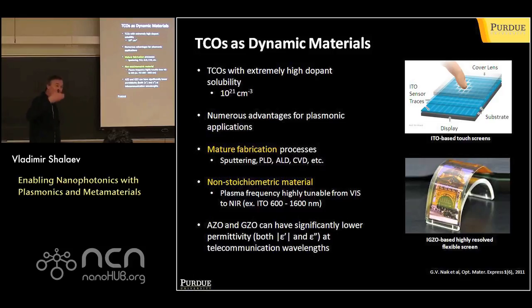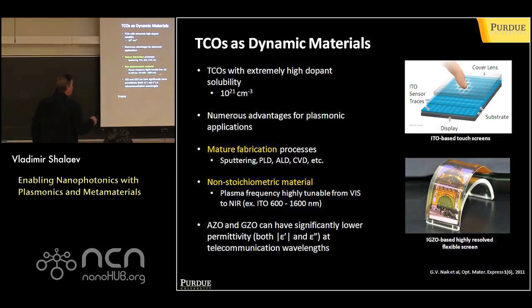And when you dope it with some metal-like material, it actually becomes plasmonic. That's important. There is very mature fabrication, many different processes ranging from sputtering to PLD, ALD, CVD. And because these materials are known, they're used for screens, displays, they just were not used for plasmonic applications so far.